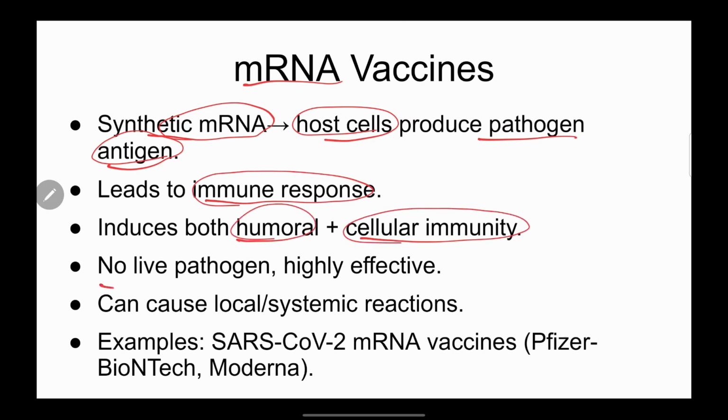No live pathogen is used, so obviously there is no risk in immunocompromised or pregnant patients, and it is highly effective. It can cause some local or systemic reactions like myalgia, fever, body pain, and pain at the injection site. One of the more rare serious complications is myocarditis, but again, that is very rare.